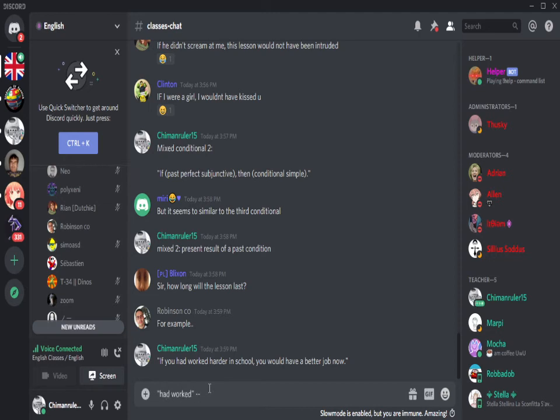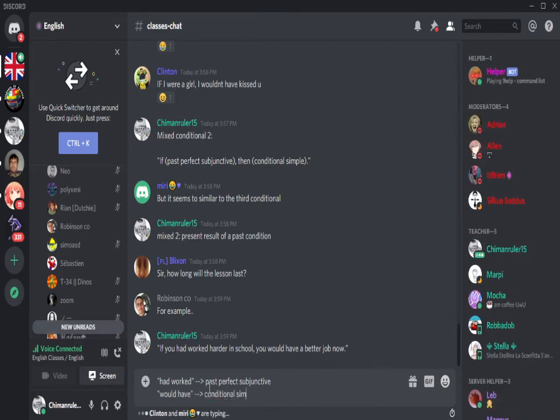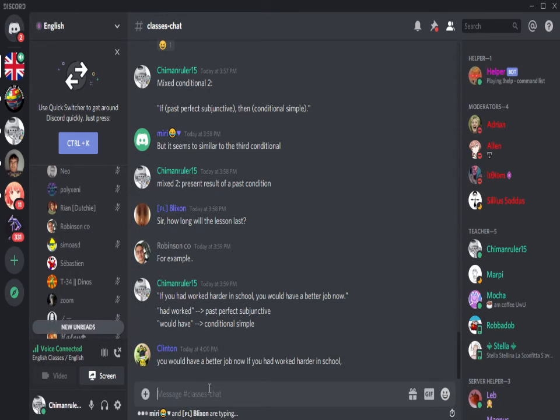So had worked is the past perfect subjunctive, and would have is the conditional simple. So here we have a past condition with the present result. If you had worked harder in school, past condition, you would have a better job now, present result. So that's the mixed conditional number 2.